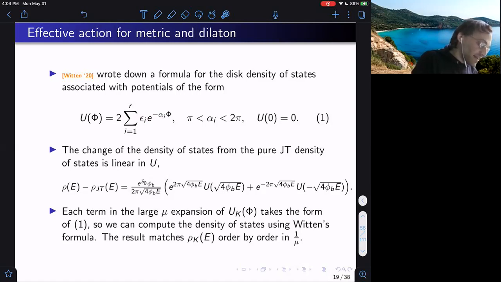The answer matches what I called rho sub k earlier in the talk, order by order in 1 over mu. So it matches the expectations from the calculation we did. In this way, I claim that's what the effective action is.